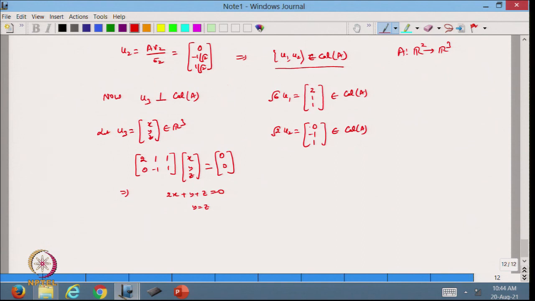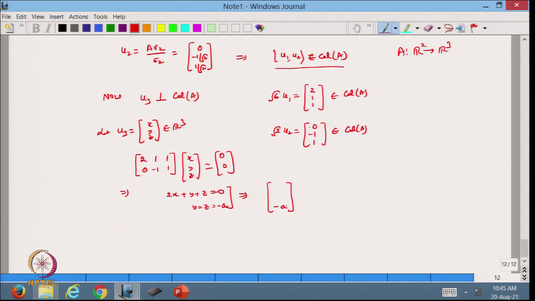So I can have y equal to z. From these two, y and z should be the same in this case, and 2x is equal to minus their sum.